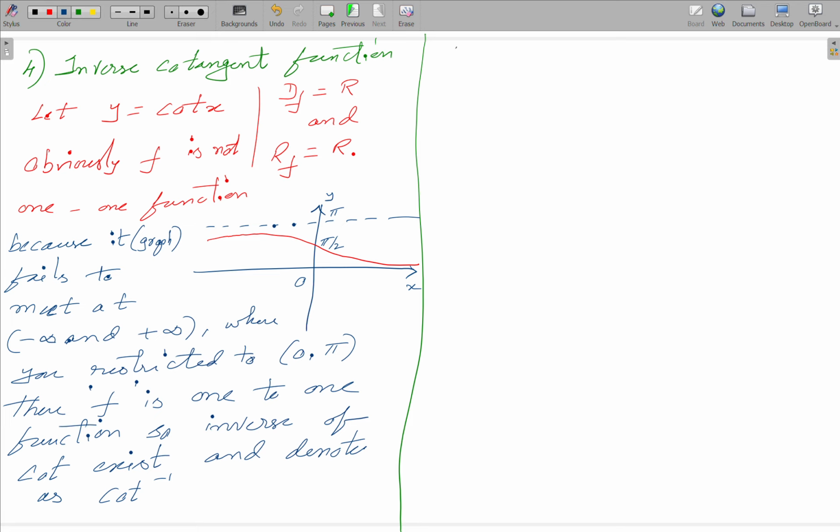Now y is equal to cot inverse of x if x is equal to cot y, and y is an element of the open interval 0 to pi.